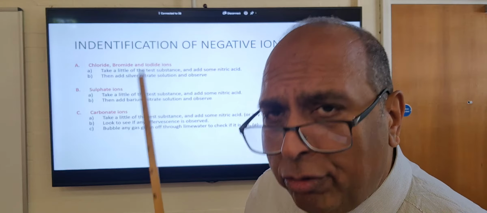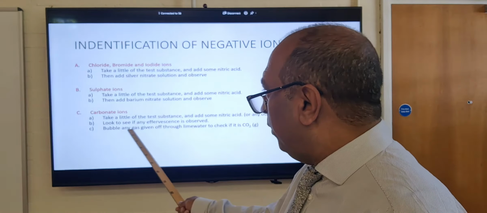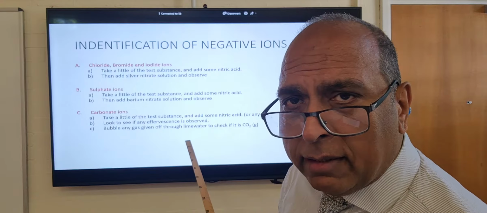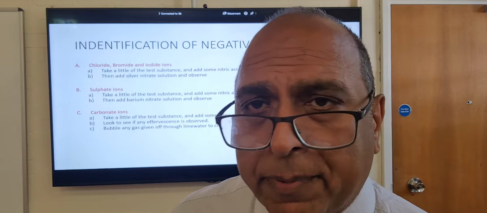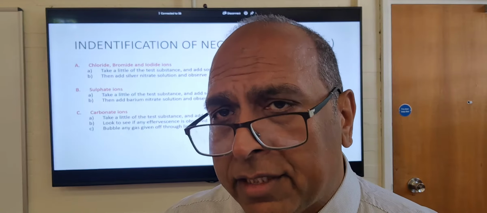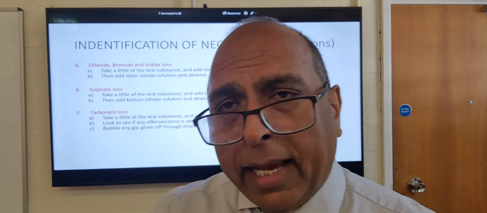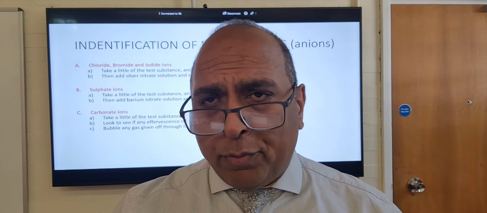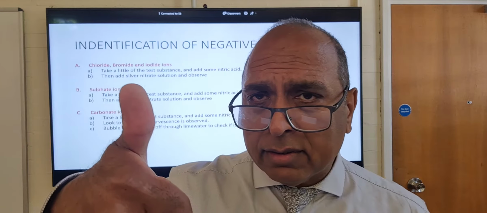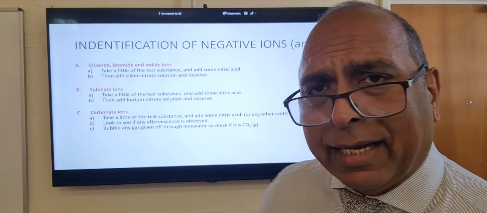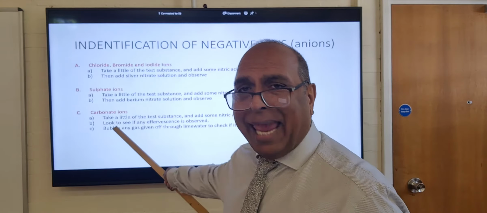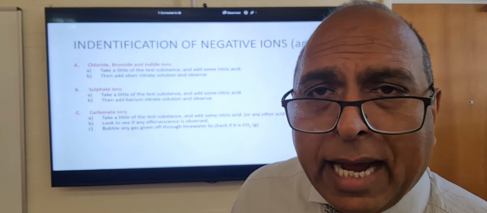Now, you could prove that by bubbling the gas through lime water and getting the lime water to give you a white precipitate with this carbon dioxide gas. If you prove it's carbon dioxide gas, then the proof is that that carbon dioxide gas came from carbonate ions.